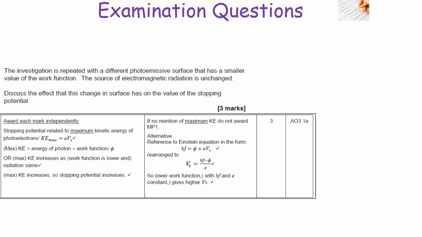So if the work function is less, more of the energy of the photon is going to the kinetic energy of the emitted photoelectron. Therefore, as the kinetic energy is higher for the emitted photoelectron, you will need a greater stopping potential to stop that electron from moving and convert that kinetic energy into electrical potential energy.